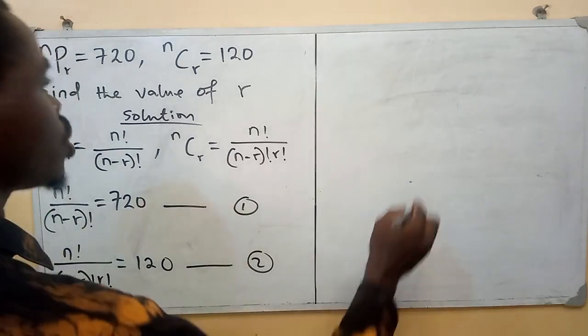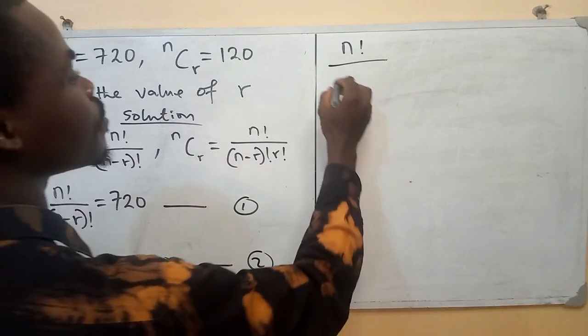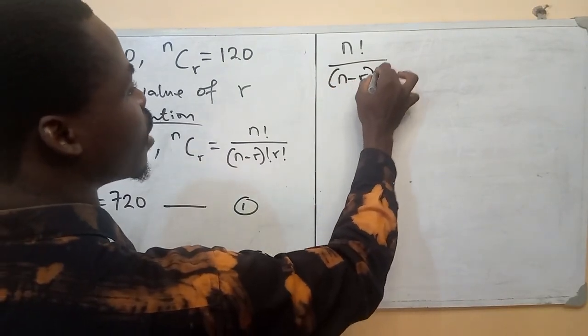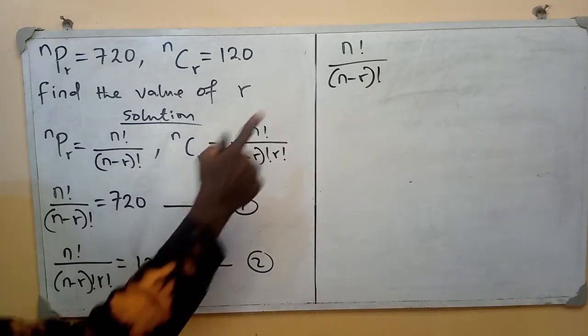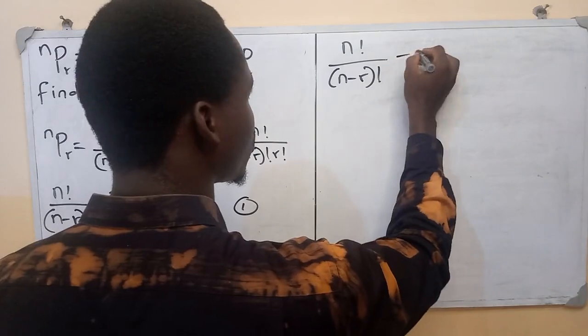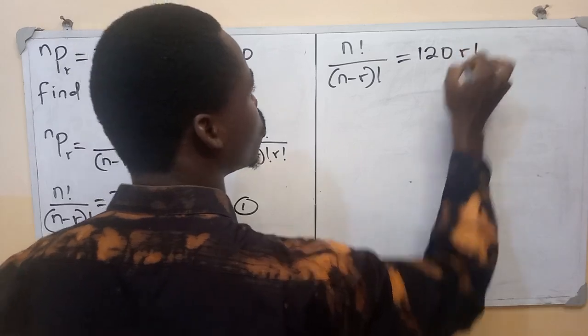From the second equation, we have n factorial all over n minus r factorial. I want to move or multiply r factorial to 120. So that becomes 120 r factorial.